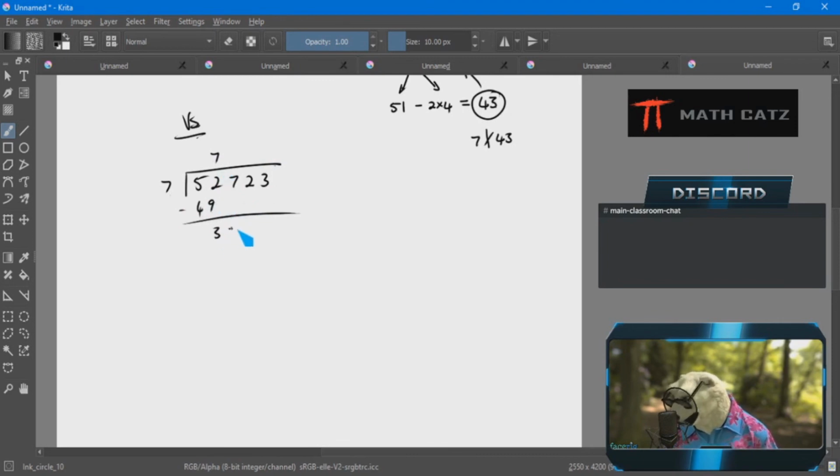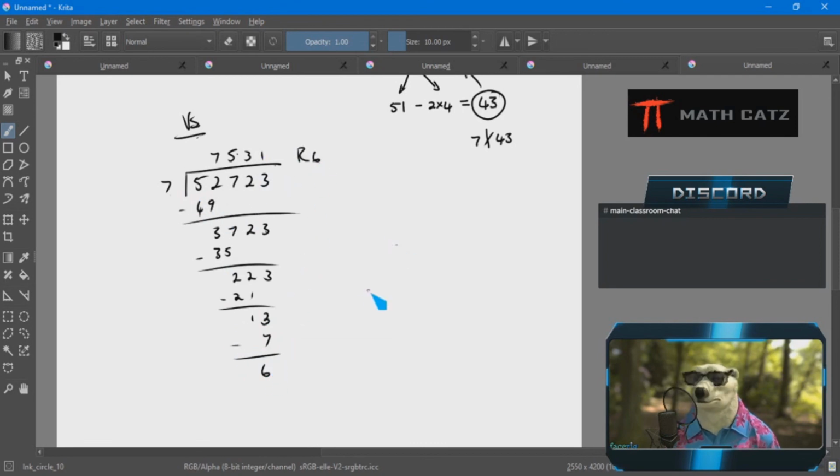Then I have 3 left, so I bring down all the other numbers. 7 goes into 37 5 times, to use 35, I have 2, 2, 3 left. 7 goes into 22 3 times for 21, and I have 1 left. 13, once using 7, and I have 6 left. Remainder, not divisible. That was way faster because I played to my strength.